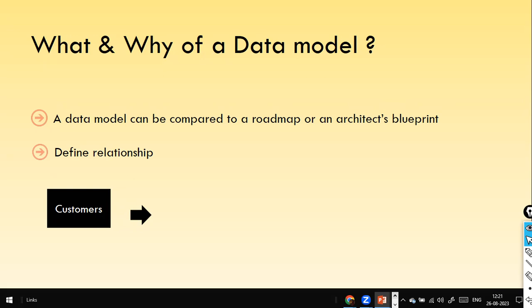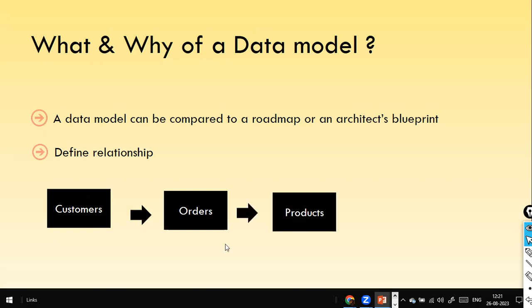Similarly, when it comes to any application development, make sure that you have the proper data model design in place. As part of the data model, we identify the essential business entities that are involved. For example, customers and purchase orders. What relationship exists between these two tables?